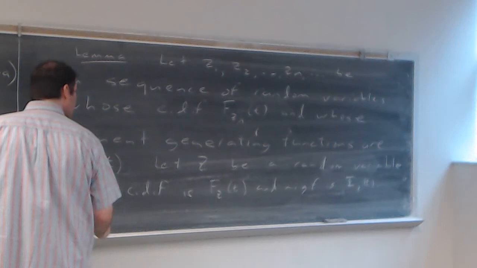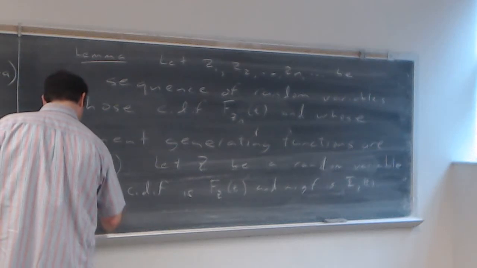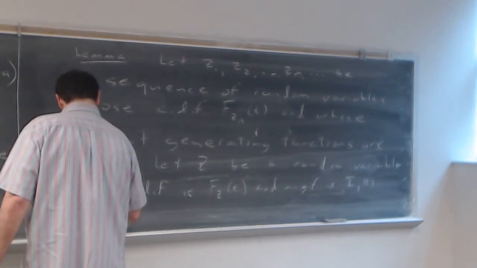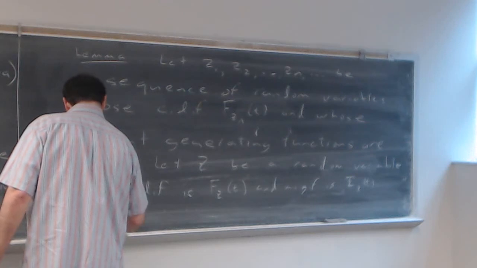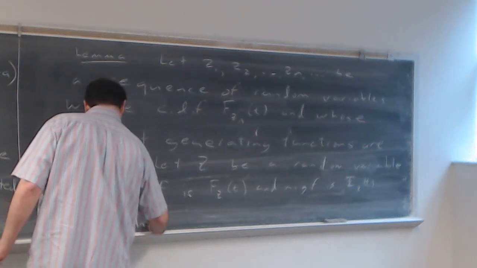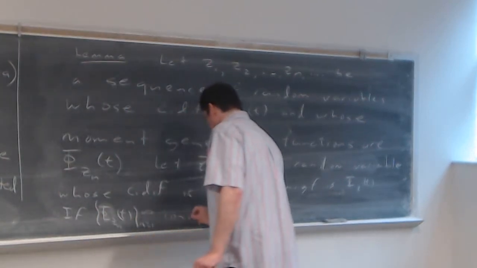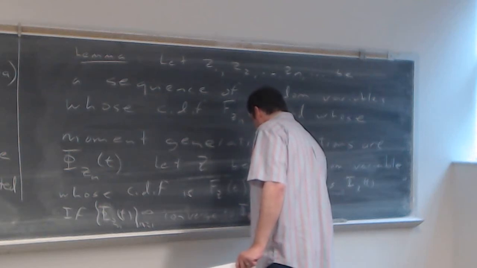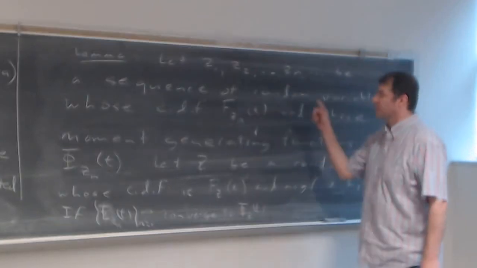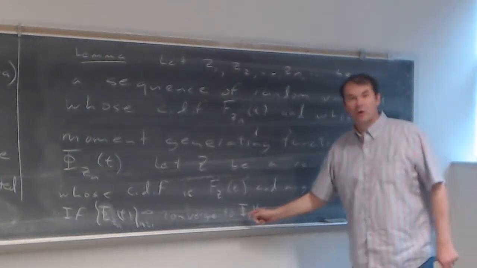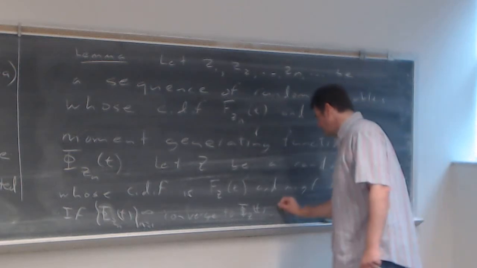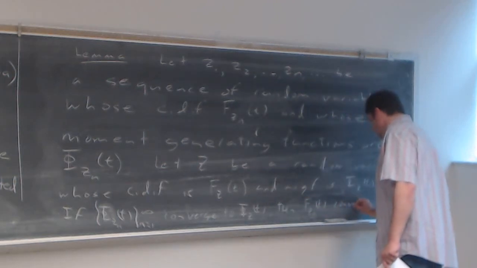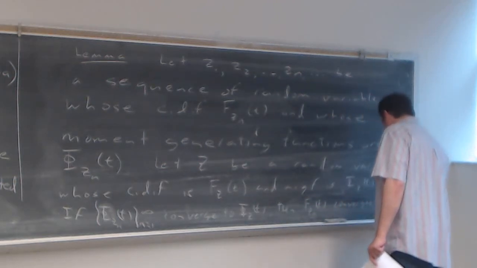If the moment generating functions converge, so if phi sub Z sub n of t converges, and we're thinking pointwise here, to phi sub Z of t, so if the moment generating functions for the sequence of random variables converge to the moment generating function of Z, then F sub Z n of t converges to F sub Z of t.